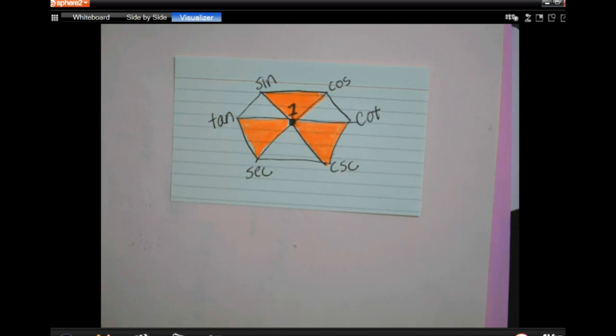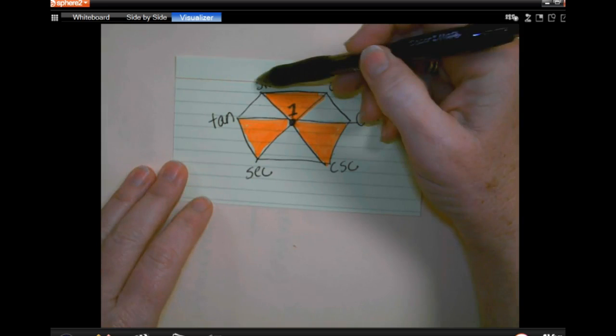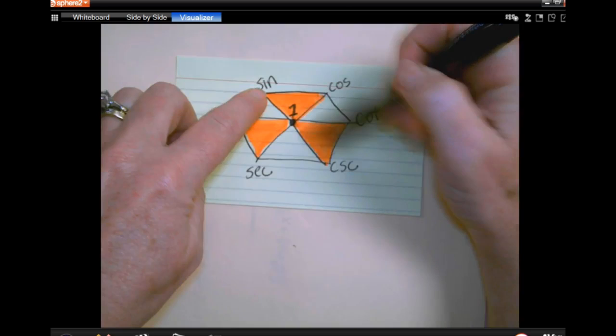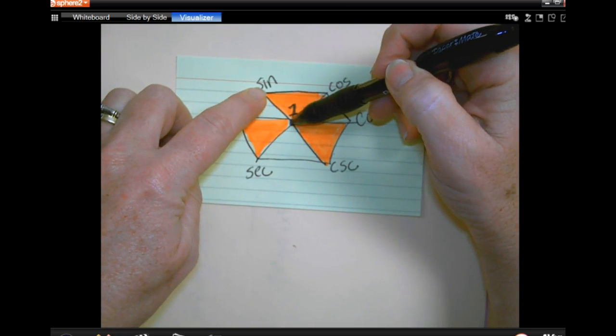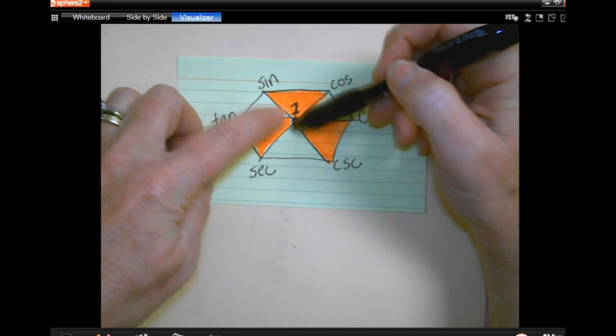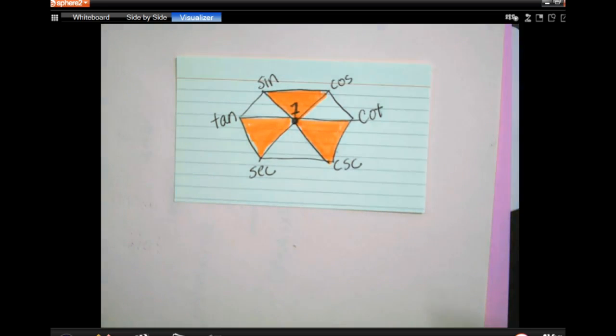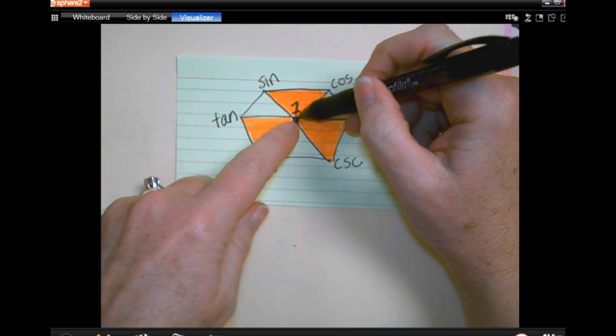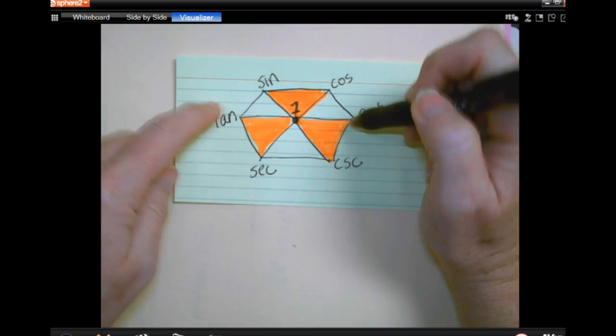So the next thing that our magic hexagon does is this. On the straight line, so for instance, sine times cosecant is 1. Secant times cosine is 1.